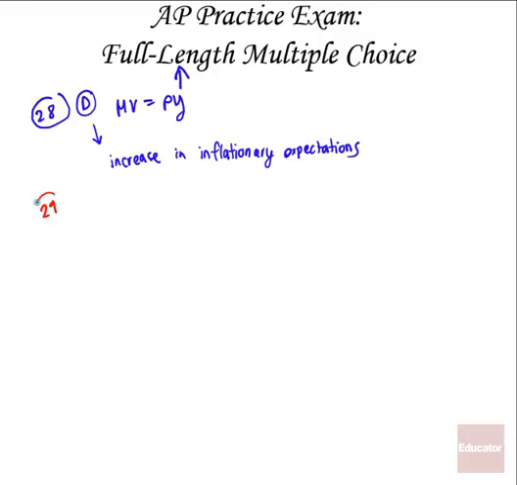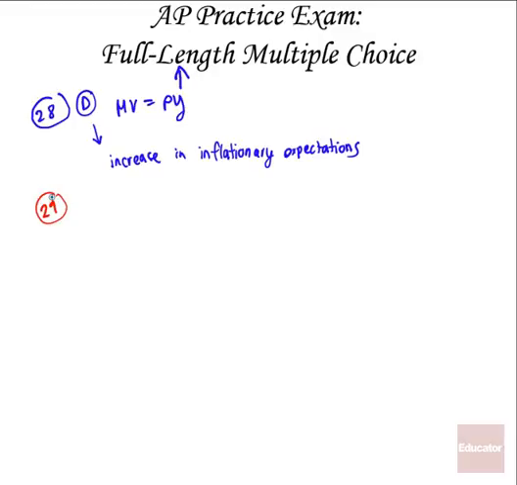Okay, number 29, if all things are held constant, what are an increase in U.S. imports? So more imports are coming in, then what's going to happen? Okay, and the idea here is, okay, so more and more imports are going to come in.